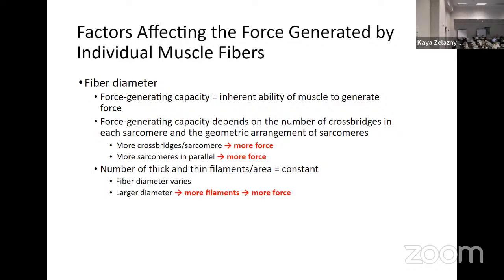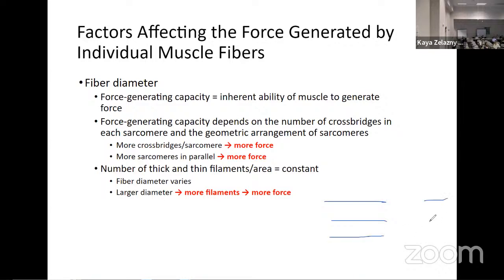Another thing that can affect the force generated is the diameter of our muscle fiber. Okay, so when we've been looking at our thick and thin filaments and our sarcomeres, right? We've been looking at a very schematic kind of drawing. Okay.